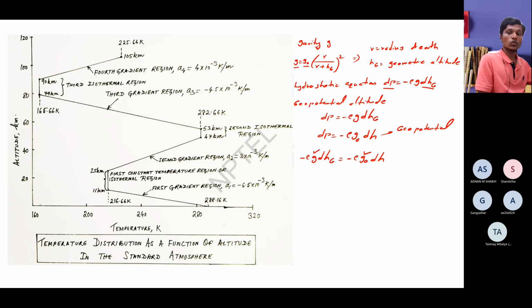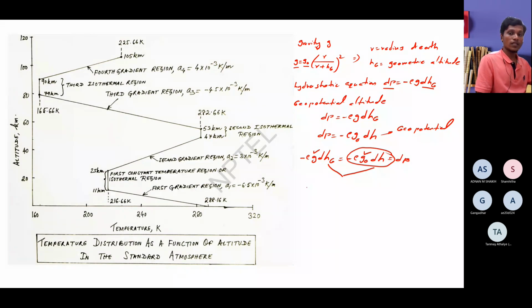As g decreases with height, this value also varies. Now that we make g naught constant, the pressure dP should not vary. That means there should be a difference between the geometric altitude and the geopotential altitude. This is how we invoke a new parameter called the geopotential altitude. So this is also important to understand.